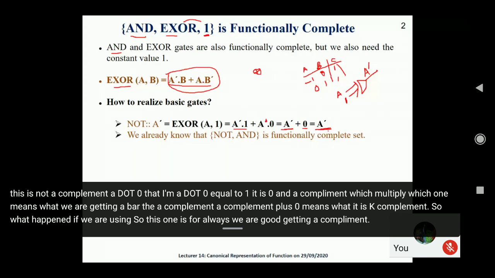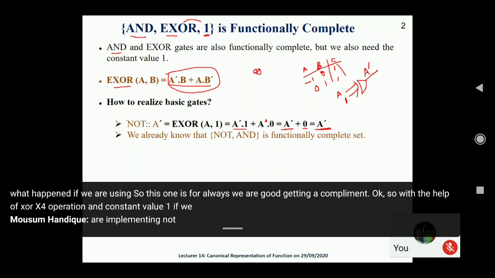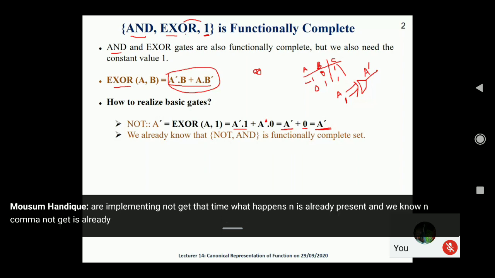Okay, so with the help of the XOR operation and constant value 1, we are implementing the NOT gate. AND is already present, and we know AND comma NOT is already functionally complete. So we can say that AND comma XOR comma 1 is also functionally complete.